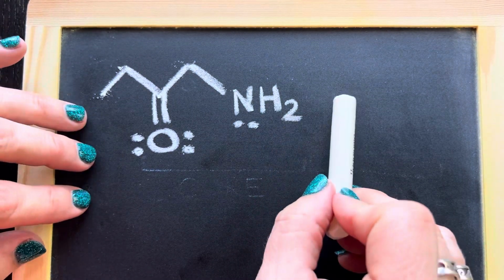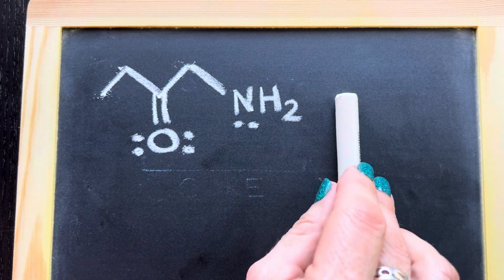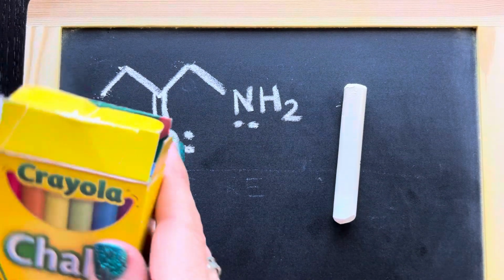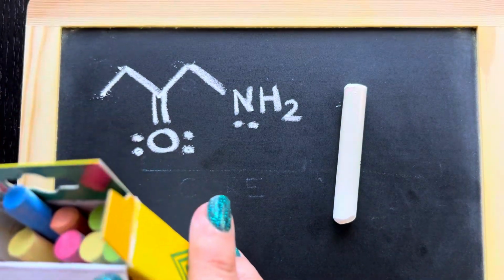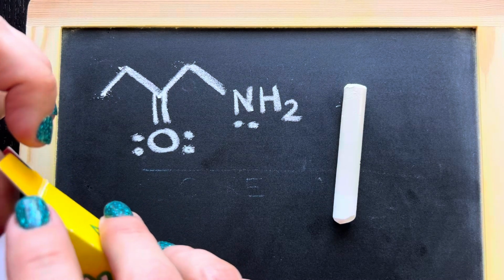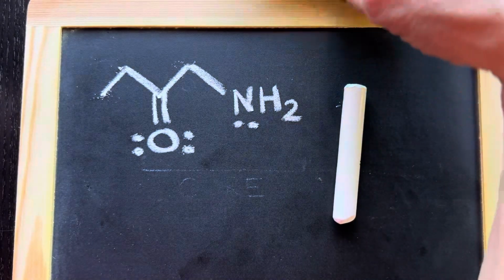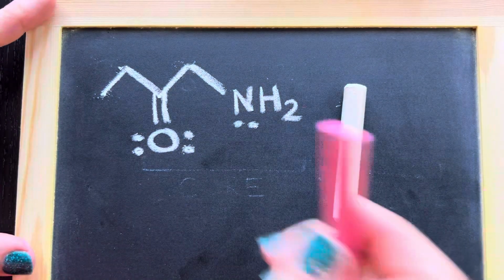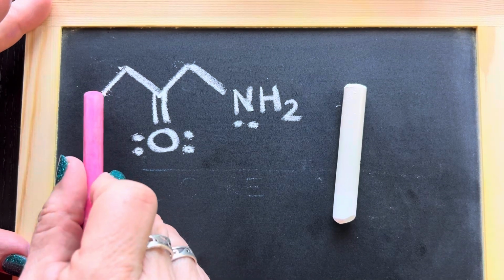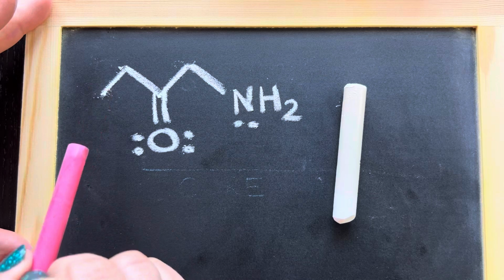So I'm going to get a different colored chalk to do that. Let's see, I'll use pink. Okay, so let's start with this carbon here. It has these 3 implied hydrogens.